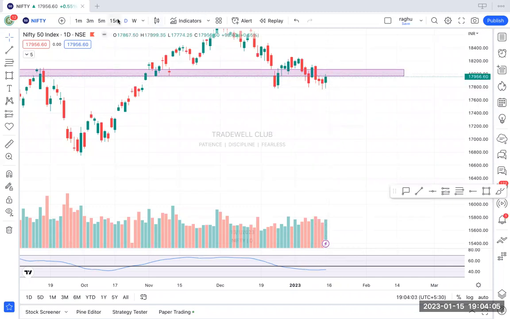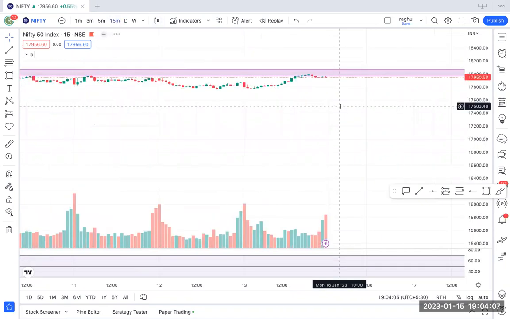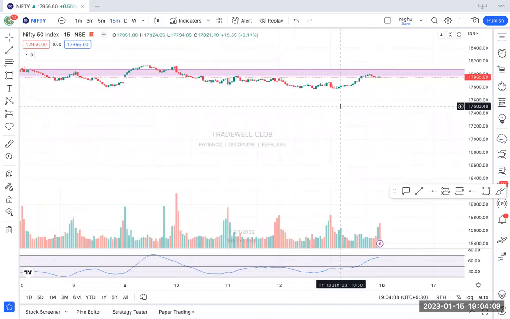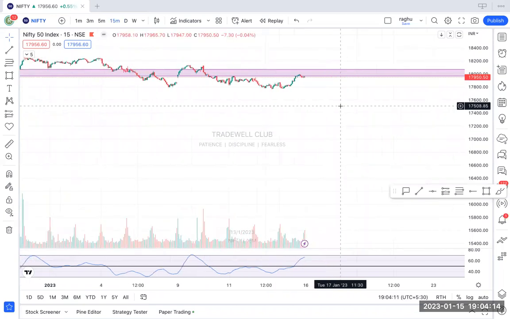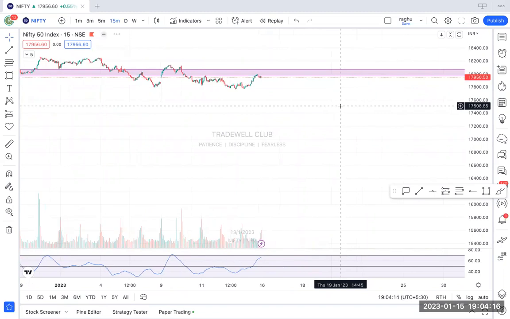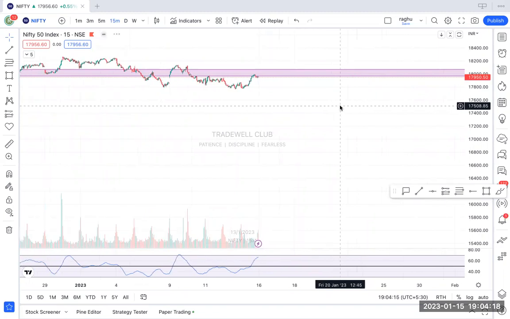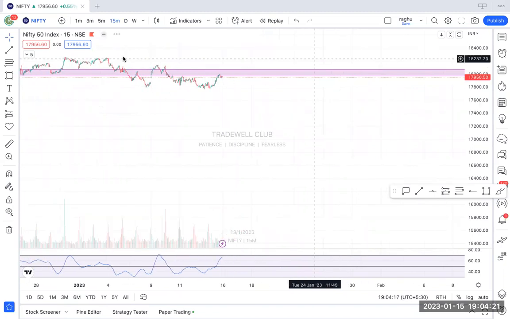So now we need to see the 15-minute candle to understand what the support and resistance are for our trades on Monday or the complete next week, and how we are going to plan our trades. Before that, I understood this particular point, what exactly is happening here.